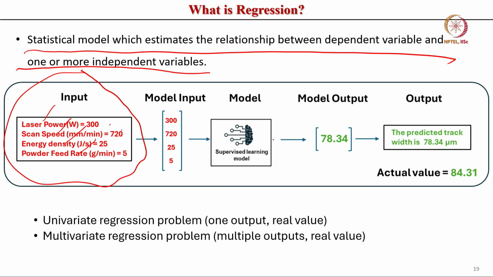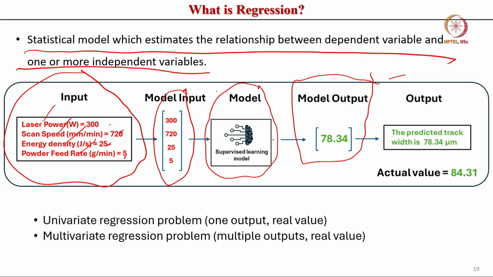So, 300, 720, 25, 5, these are an arbitrary set of values of the input parameters that will constitute the matrix of the model input, which will be trained using, let us say, one of the supervised training models, and this is the model output. And from this predicted output, you can predict what the track width would be, for example, 78.34.